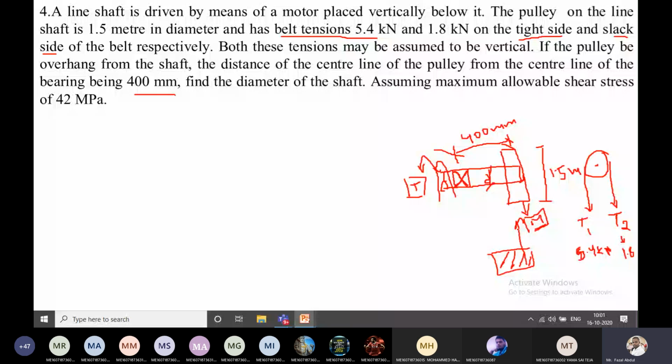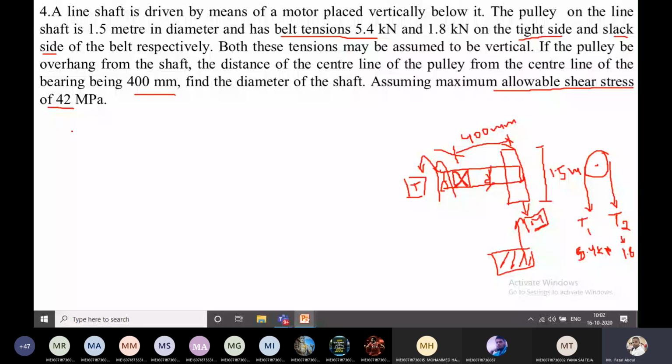Equivalent torque TE equals square root of M square plus T square. And TE means what here?